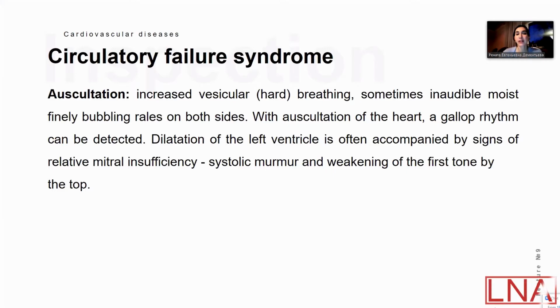Dilatation of the left ventricle is often accompanied by relative mitral insufficiency, with a systolic murmur of the mitral insufficiency, which we can determine at the apex of the heart, the first point of auscultation for the mitral valve, and also leading to attenuation of the first tone. So this is the mechanism of formation of the gallop rhythm, which is significant for patients with heart failure.